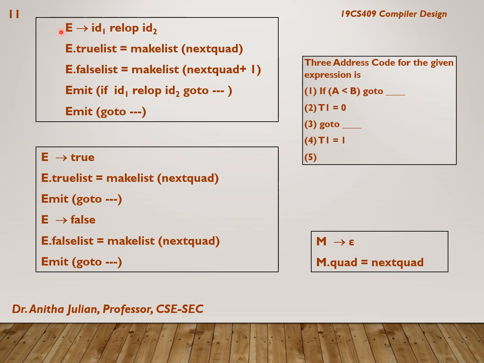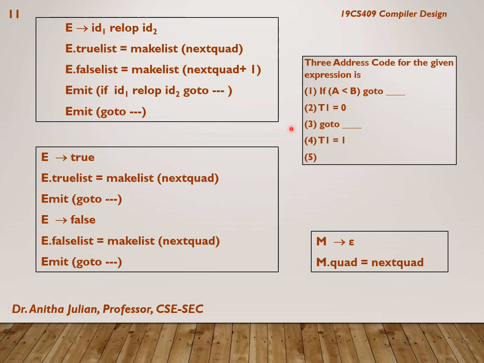Now coming to the final rule, we have this if condition: if ID1 relational operator ID2. For this, we have to refer to the 3 address code we already studied. We have to give statement numbers. That is why the true list is 1, next quad.